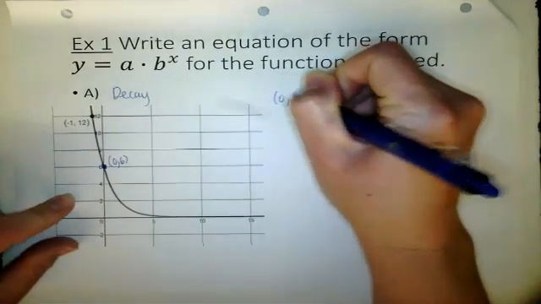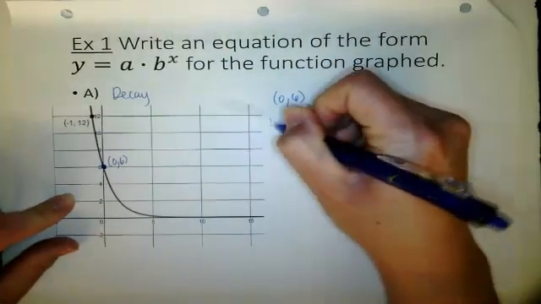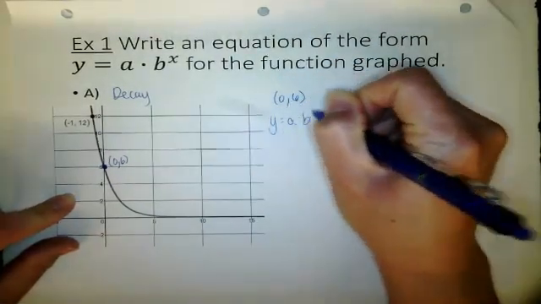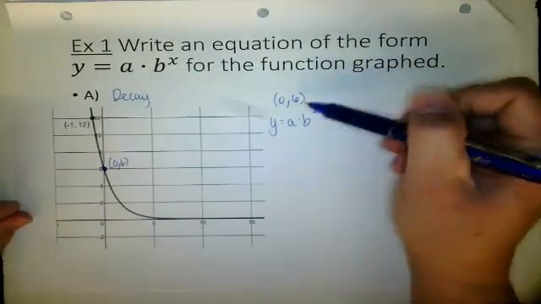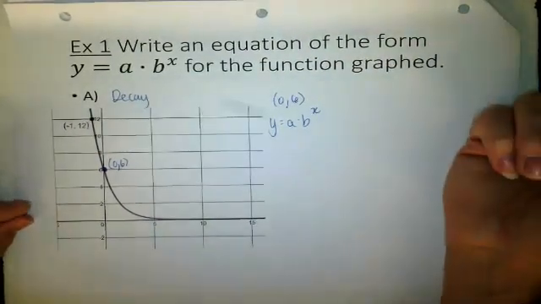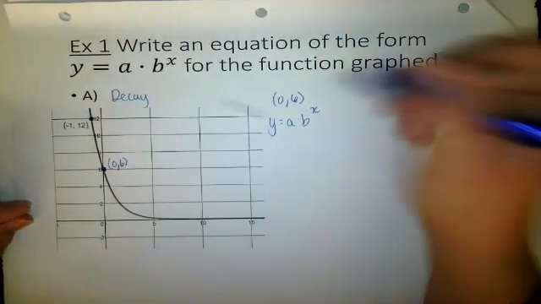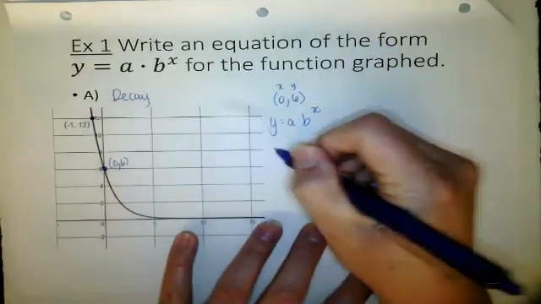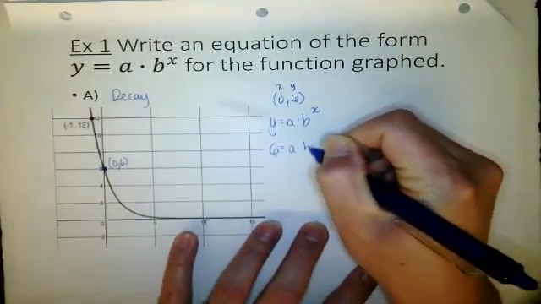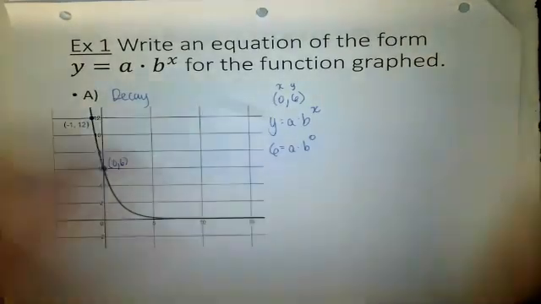So we're going to use that (0, 6), and we're going to plug it in to our generic model that they gave us, y equals a times b to the x. Where do you suppose I'm going to plug in the 0 and the 6? X and y, absolutely. They are always an x and y solution. So I'm going to plug in the 6 for the y and the 0 for the x.